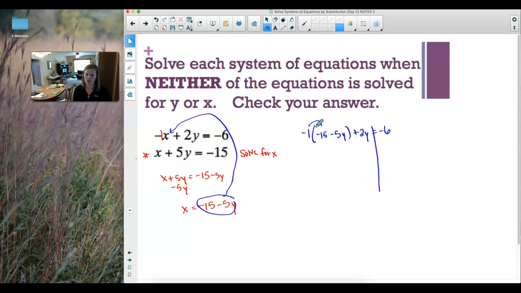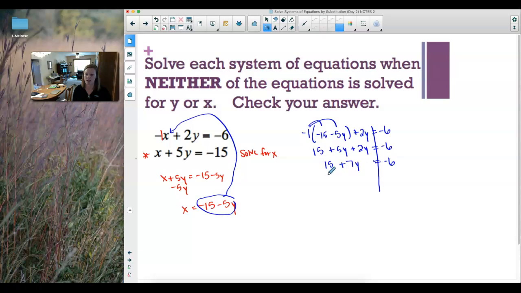I distribute the negative 1 to both items, so I have 15 plus 5y plus 2y equals negative 6. And we combine like terms, so we have 20y, I'm sorry, no we do not. 15 and 5y are not like terms. So let's try that again. We have 15 plus 7y equals negative 6.